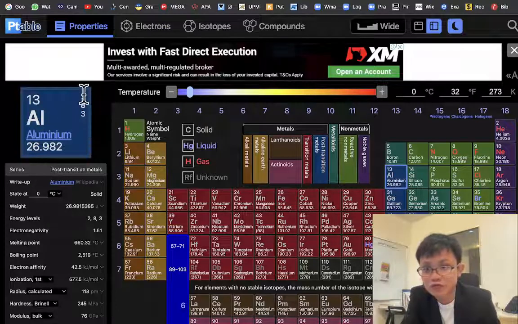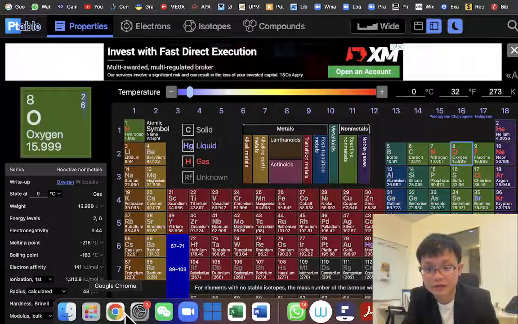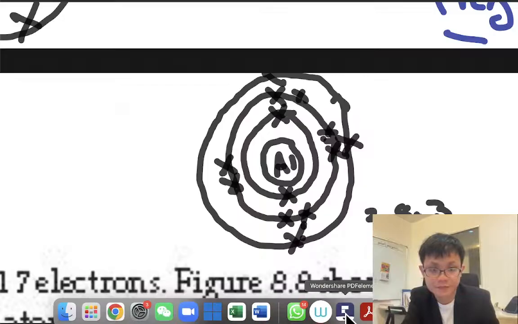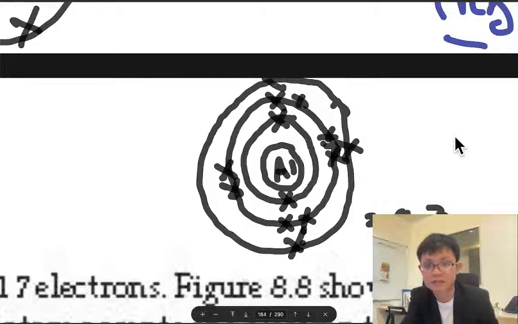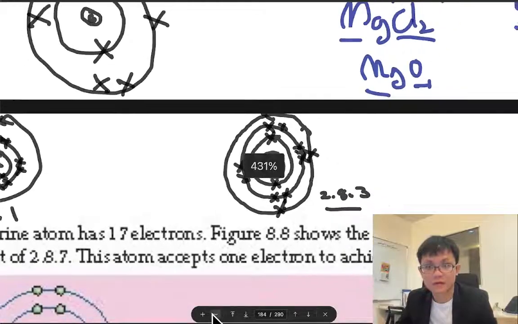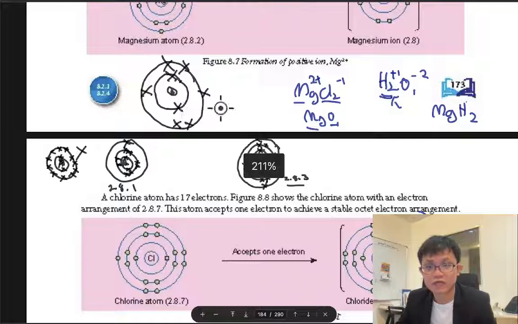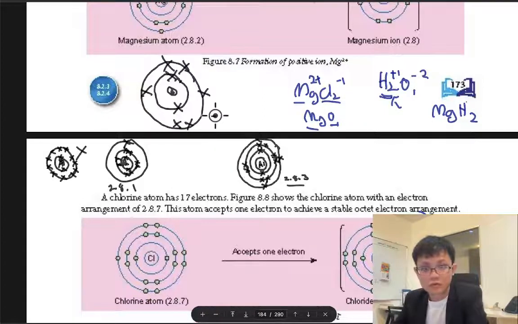You can see here, 2, 8, 3. Understand or not? If oxygen, it will be 2, 6. So that is why when we draw oxygen, it is 1, 2, 3, 4, 5, 6, 2, 6.